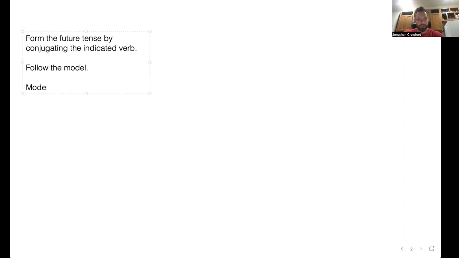Anyway, so let's do the future tense. Form the future tense by conjugating the indicated verb. All right. Follow the model. So here's the model. I'll just make one up really fast. The model says Juan, and then this will be the verb.